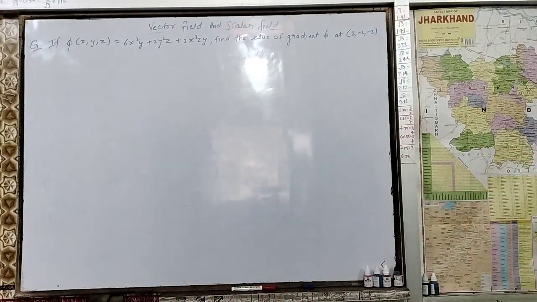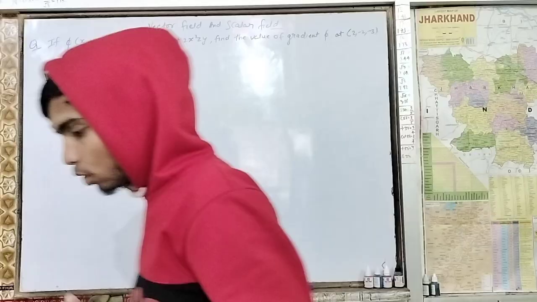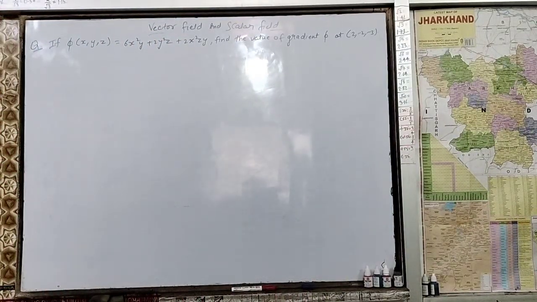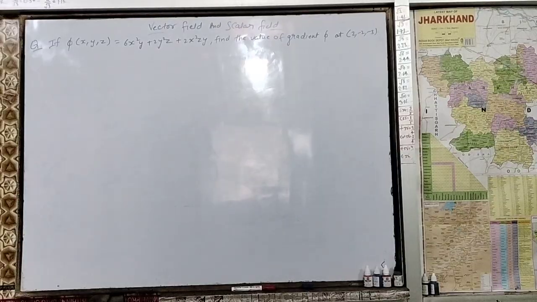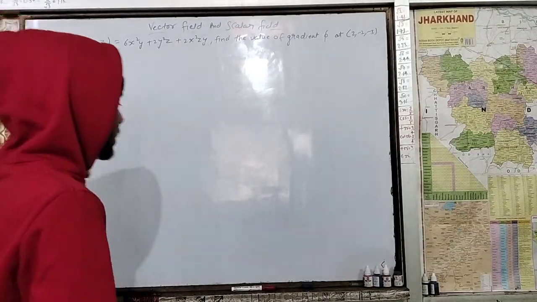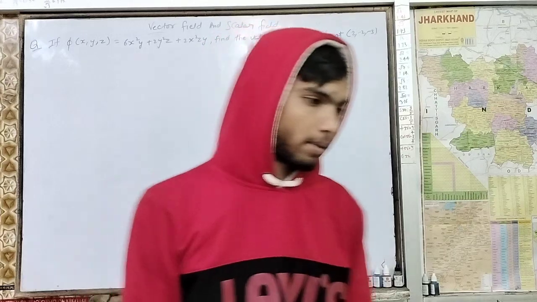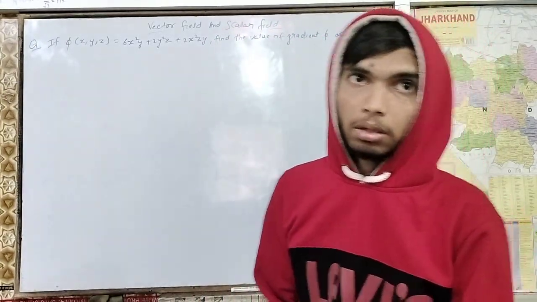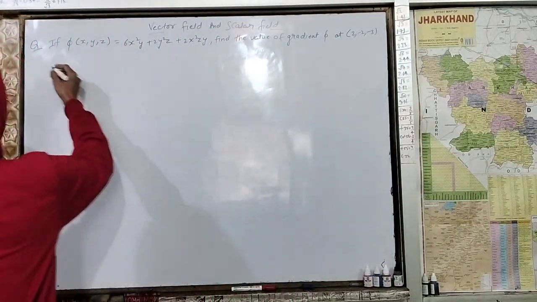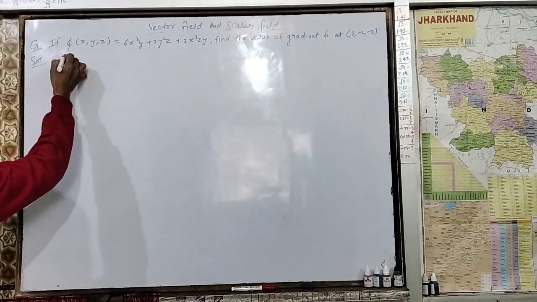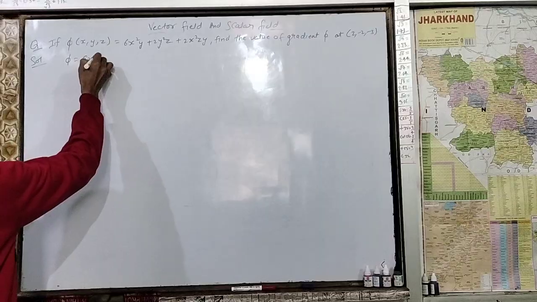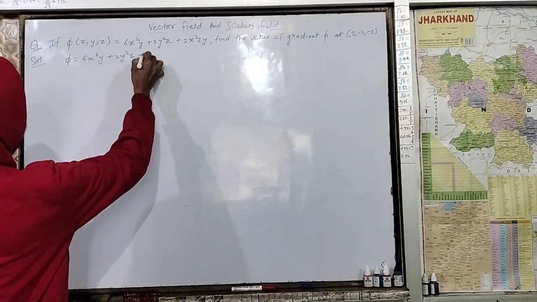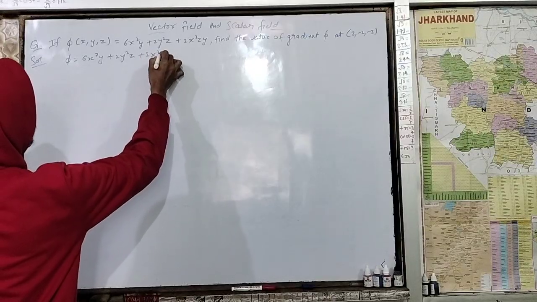Look at this. The value of a scalar point function is given, coordinates are also given as numbers, and it is asking only for the gradient of phi. Phi comes and a dot is coming. So you can say that phi is equal to 6x square y plus 2y square z plus 2x square zy.